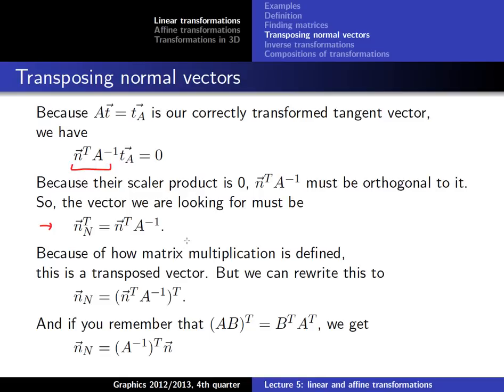But because we have done this in matrix notation, we had to use the transposed vector. So the real normal vector that we want to have as a column vector is the transposed of this one, of course. Now you remember this one characteristic that I proved last time. If we have two matrices, and we transpose the product, we can also calculate it like that.